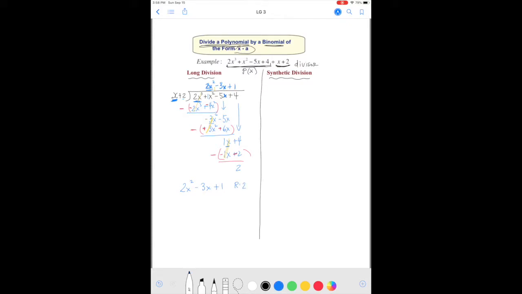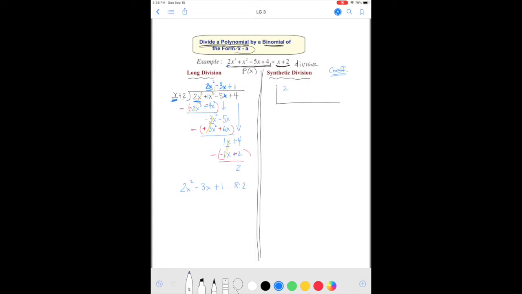Okay, so let's try synthetic now. Most people like synthetic, they prefer that. Because we draw the big synthetic L, and then we put in the numbers. We're only taking the coefficients. Remember the coefficients. So here we have a 2.